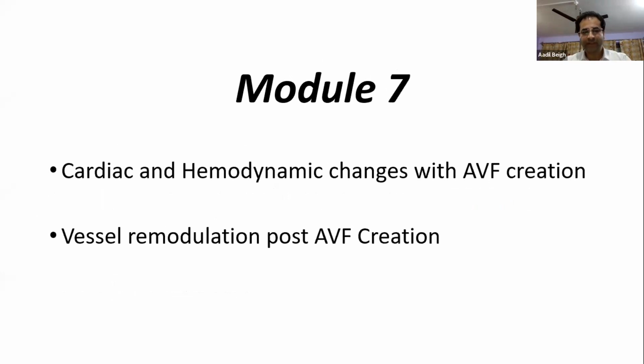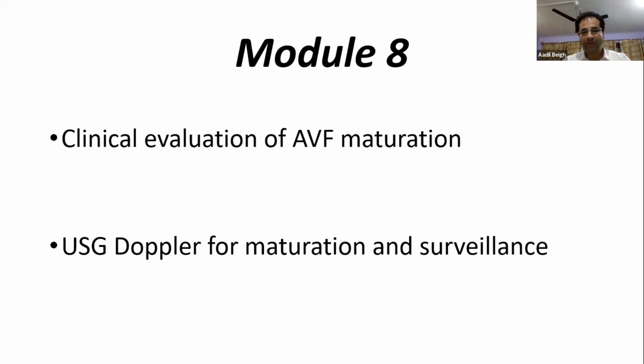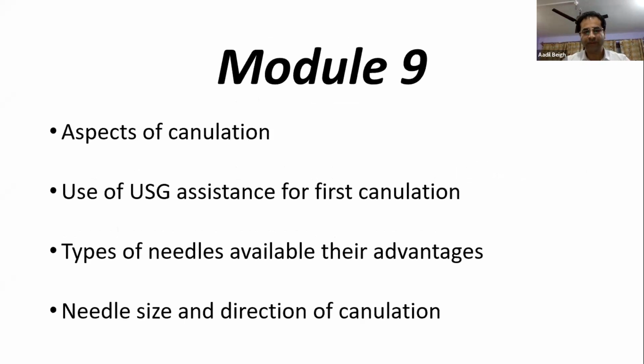Module seven will include the cardiac and hemodynamic changes with AV fistula creation, and the remodeling of the vessels after AVF creation, positive remodeling and negative remodeling. Module eight will have clinical evaluation of AV fistula maturation by USG Doppler and physical examination, and surveillance of the AV fistula.